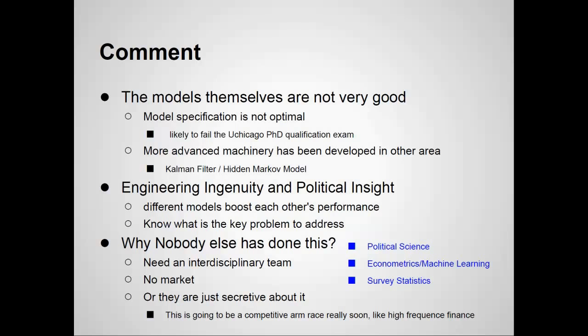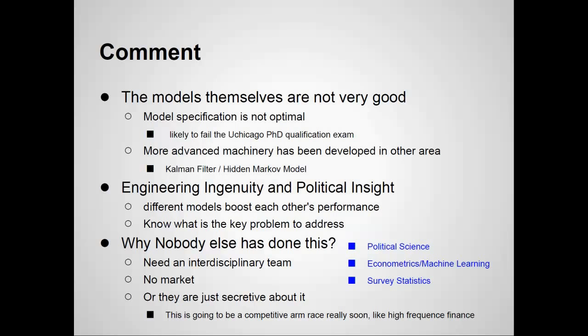You need someone who knows political science, someone who knows econometrics or machine learning, someone who knows survey statistics, and someone who is willing to spend all the time collecting those poll data. Well, it just happened that Silver has all of them, and although he does not excel at each element, he is probably the first one who is competent enough in all these areas to cover this topic.